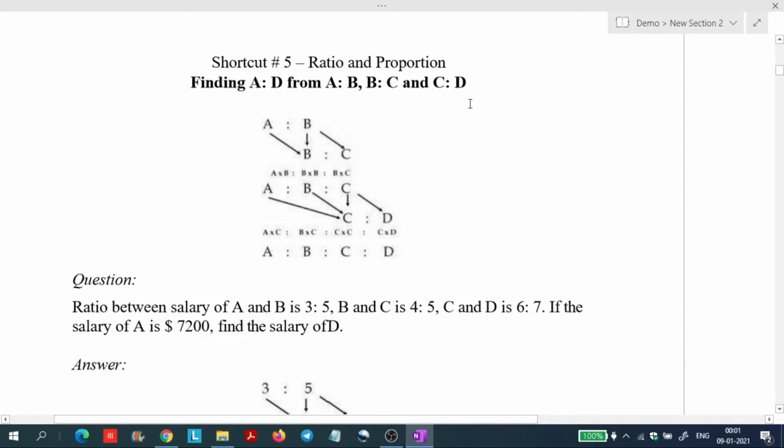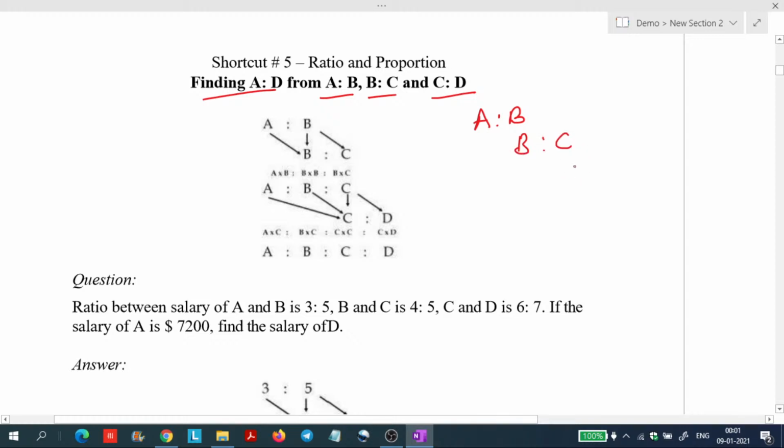Next shortcut is finding the A and D. Finding A and D from the given: A is to B is given, B is to C is given, C is to D is given.